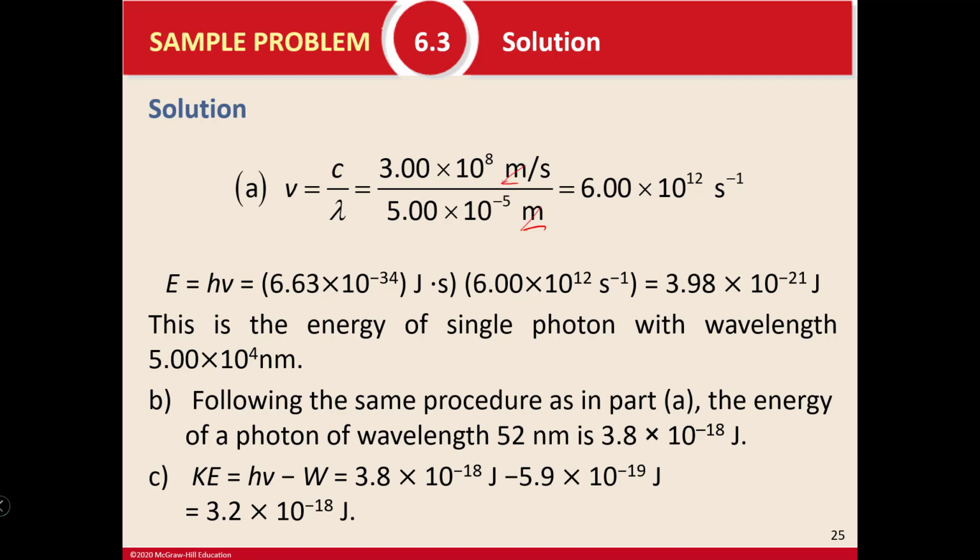And then we have a number over seconds, which you should recognize as frequency or hertz. And so once we have the frequency, we can plug it into Planck's equation and determine the amount of energy of a photon that was at a wavelength of 5.00 times 10 to the negative fifth meters.